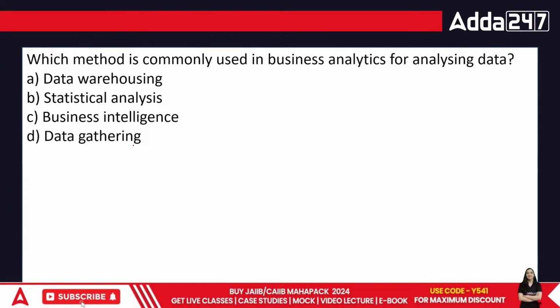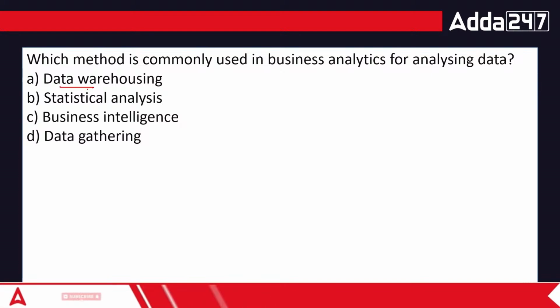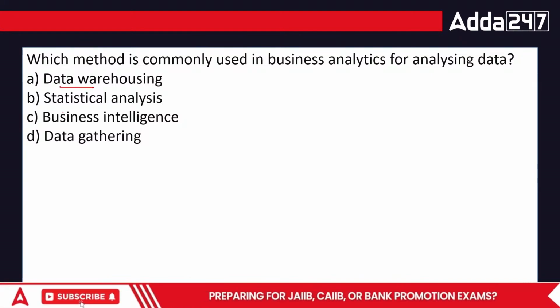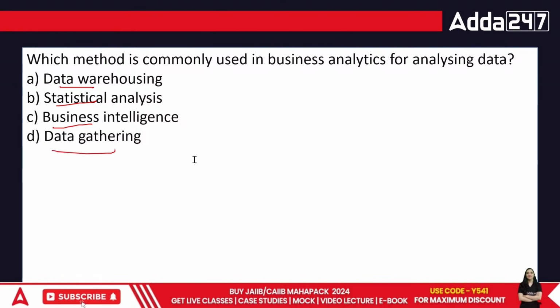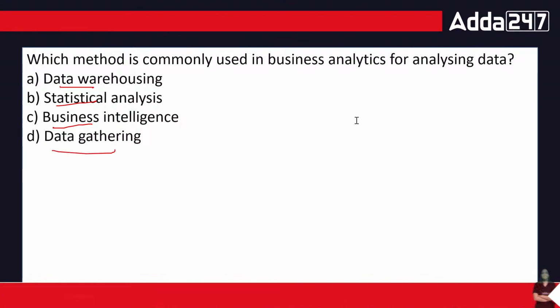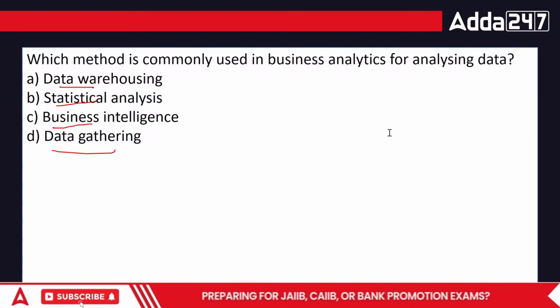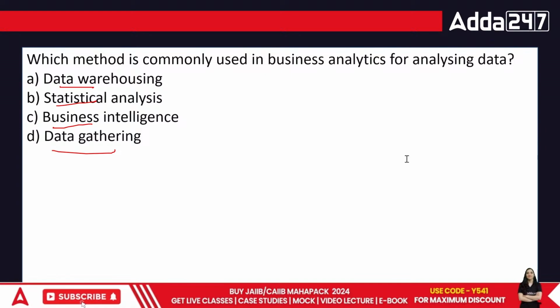Which method is commonly used in analytics for analyzing the data? Data warehousing, statistical analysis, business intelligence, or data gathering? When we talk about data warehousing, what do we mean? Keeping the data in one particular area is called data warehousing. There's a warehouse in which we keep it.